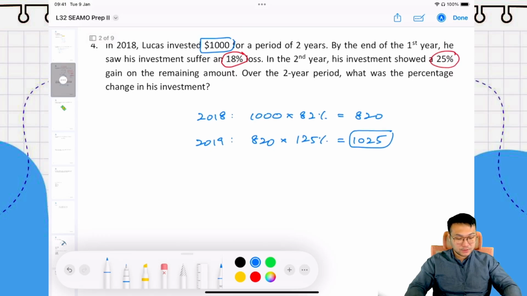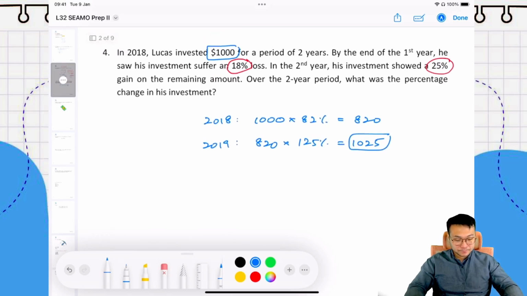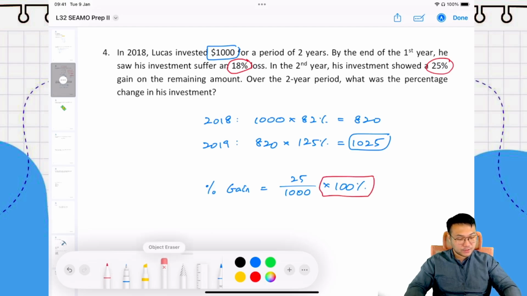How much money did you gain? $25. Yes. So what is the percentage gain? You take the gain divided by the original amount and you convert it into a percentage. Whenever you want to convert something into a percentage, you just need to multiply by 100%.